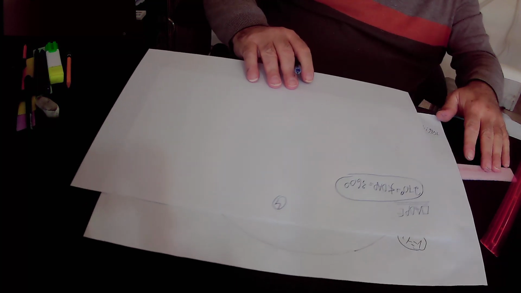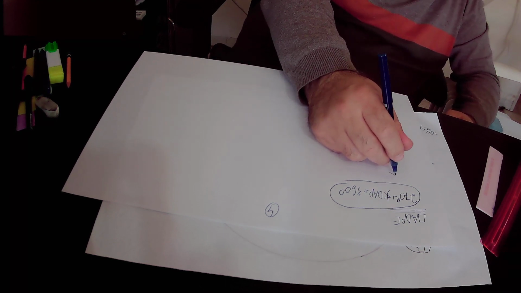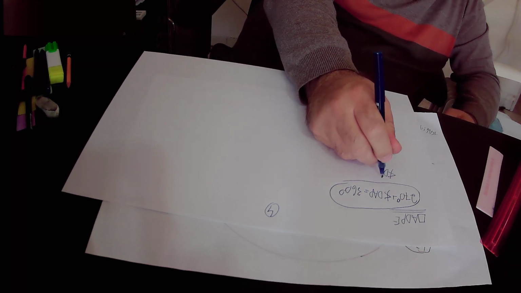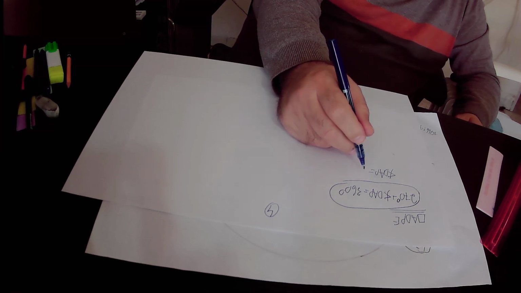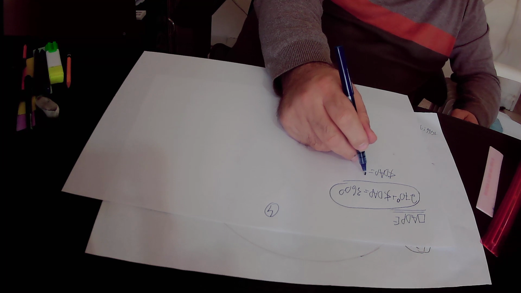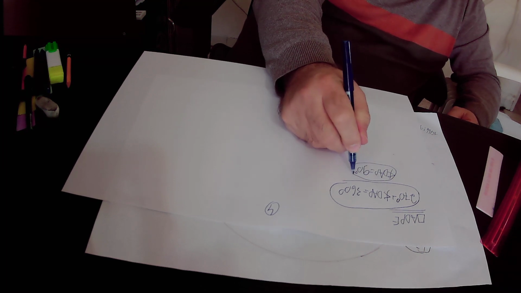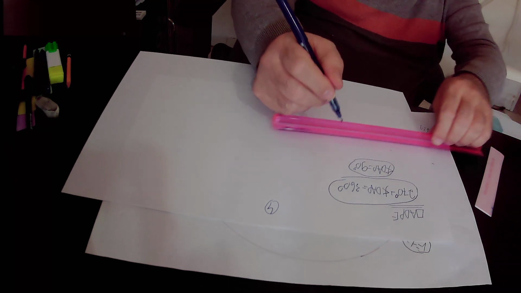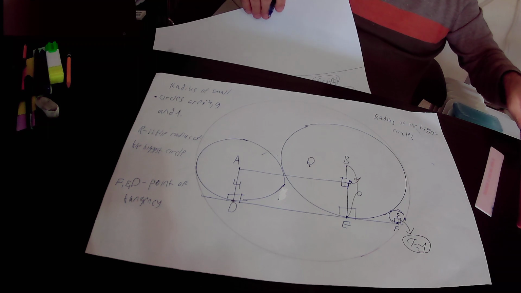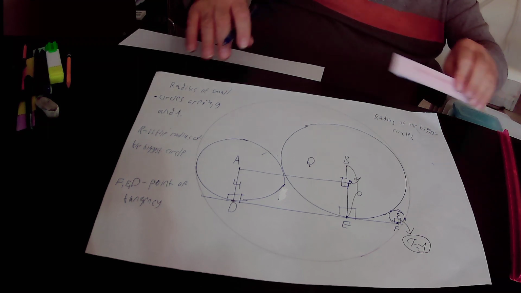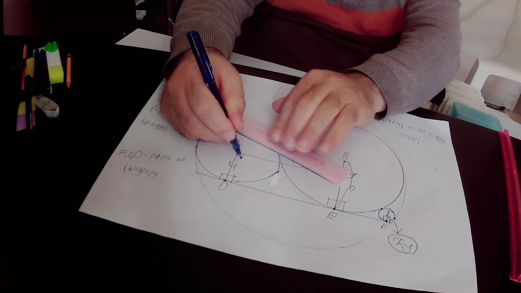We will subtract 270 degrees from this equation and we will get that the size of angle DAP is equal to 360 degrees minus 270 degrees, which is 90 degrees. So angle DAP is a right angle. Write down that angle DAP is equal to 90 degrees.